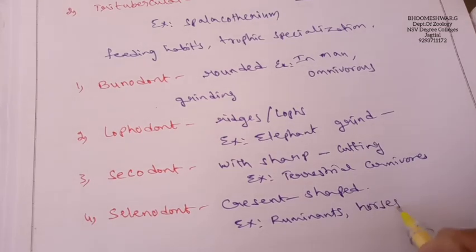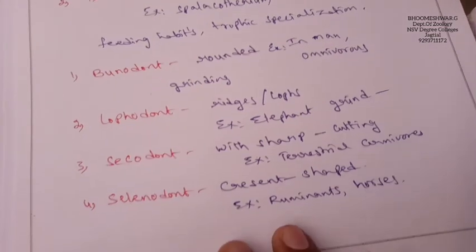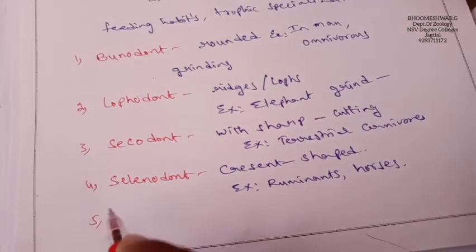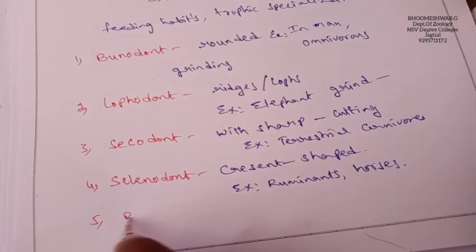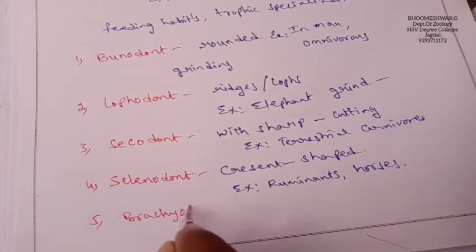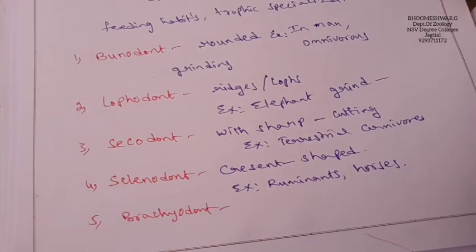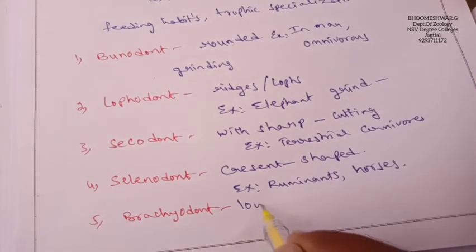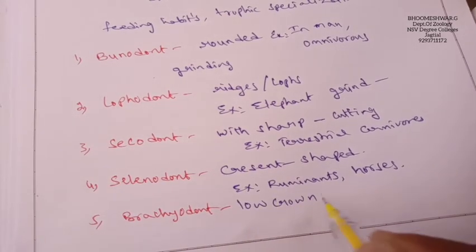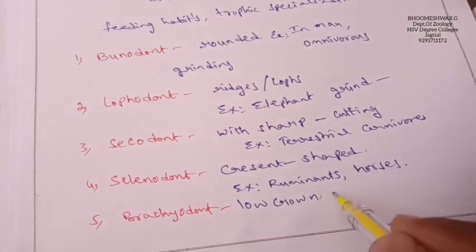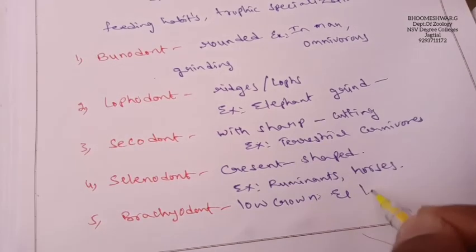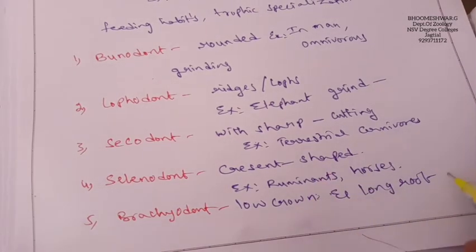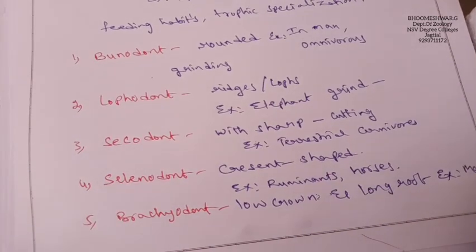The next, fifth type is brachyodont teeth. Brachyodont teeth have a low crown, meaning smaller in size, and can also possess a long root.